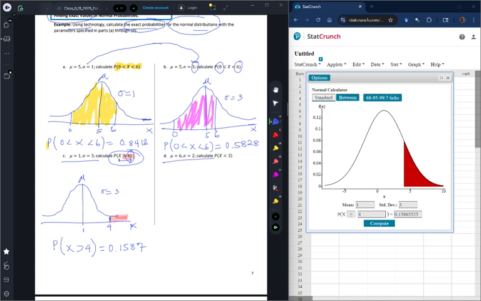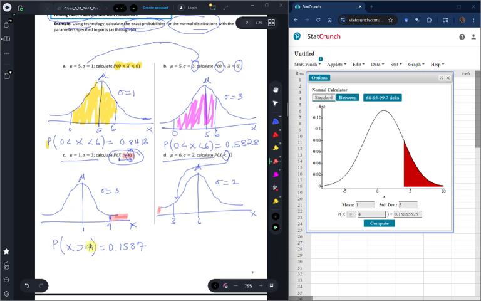Then for the final one here, we have a normal distribution where the mean is 6, the standard deviation is 2, and I have my random variable x. I'll locate my threshold, which is 3, and we want less than 3, so this time I want the area to the left of 3.